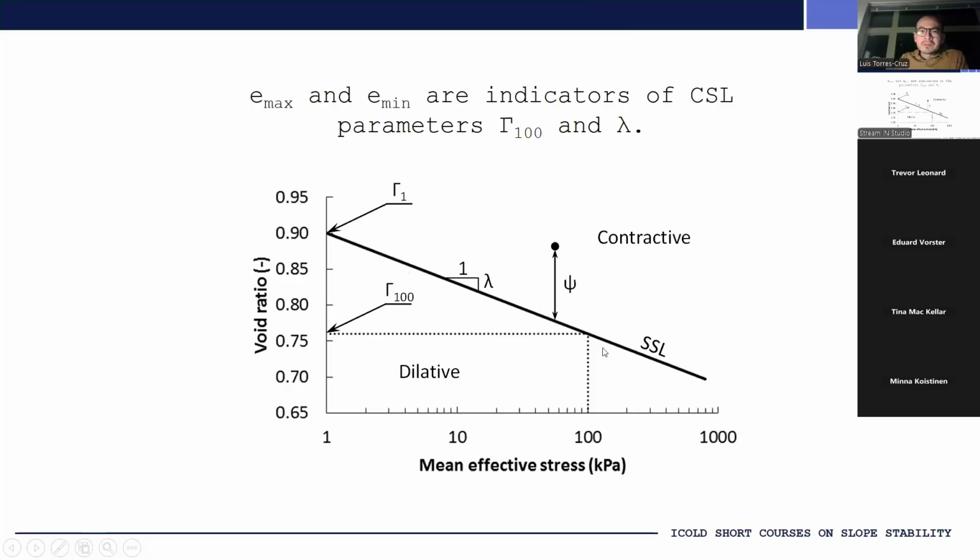And we take this critical state line to divide this space into a contractive area where our soils are prone to losing strength, and a dilative area where the soil is not prone to losing strength. Now, as with any straight line, we need two parameters to define it.